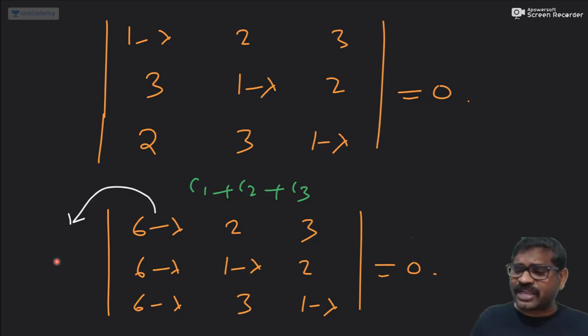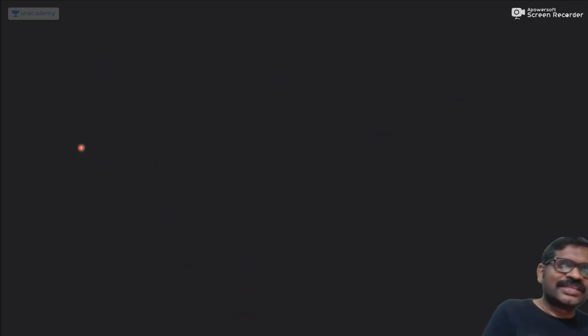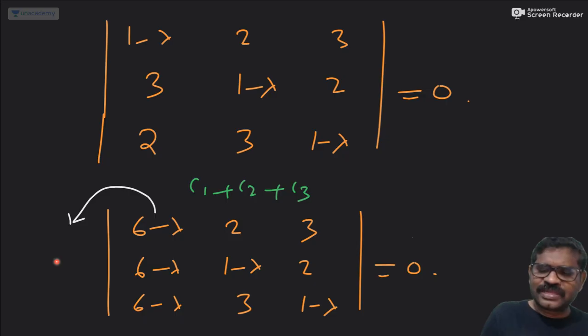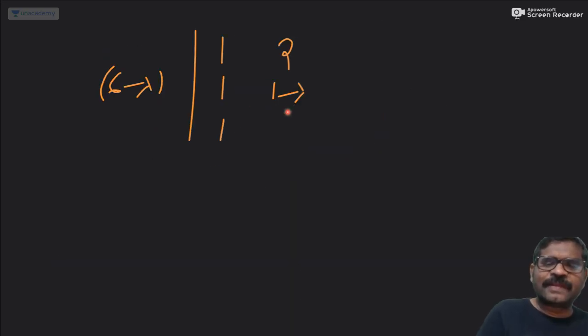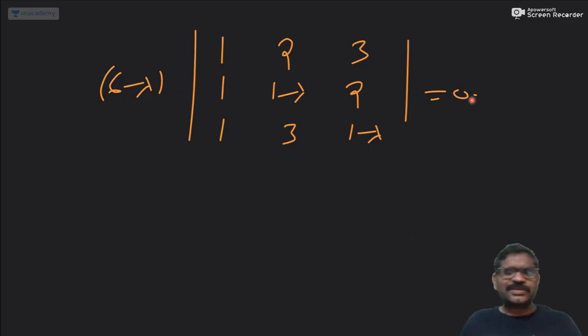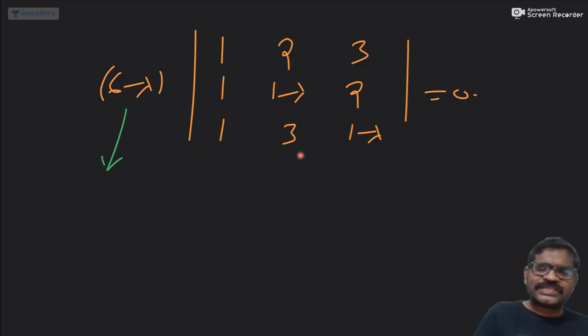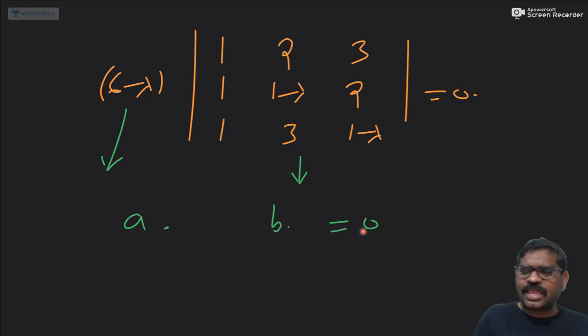From a determinant, you can take an element common either from a row or a column. You can take 6 minus lambda common from the first column. You'll get (6 minus lambda) of the determinant with rows 1, 1, 1; 2, 1 minus lambda, 3; 3, 2, 1 minus lambda. This is one value, this is another value. Suppose this value is A, this value is B, AB equal to 0.